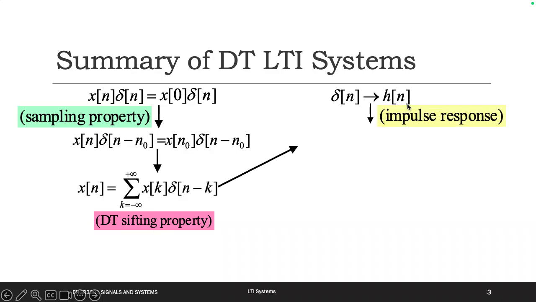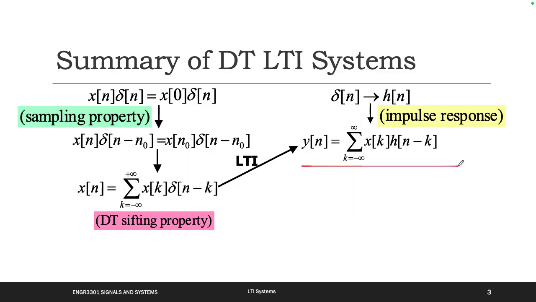From the input signal and the impulse response, since we always talk about LTI systems in this chapter, we can get this equation. And this equation we also call what? Convolution, yes, convolution form.